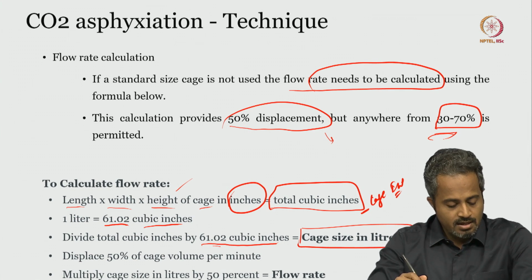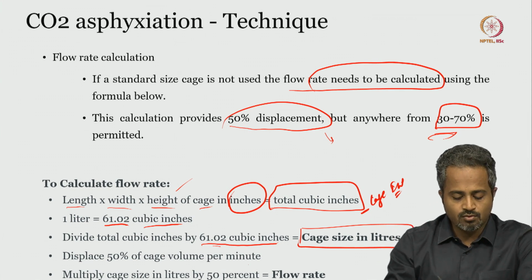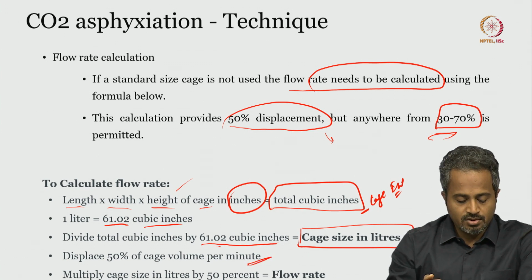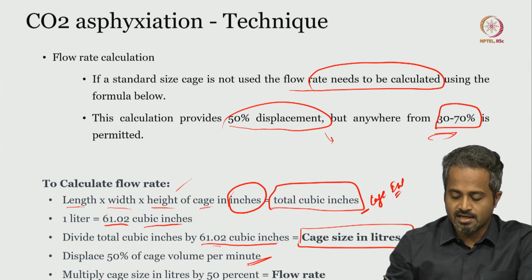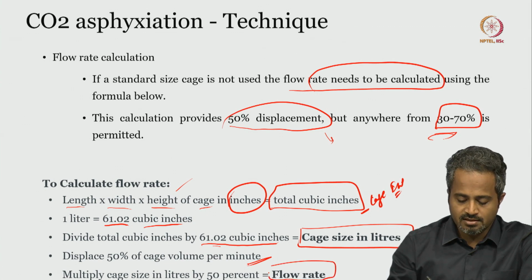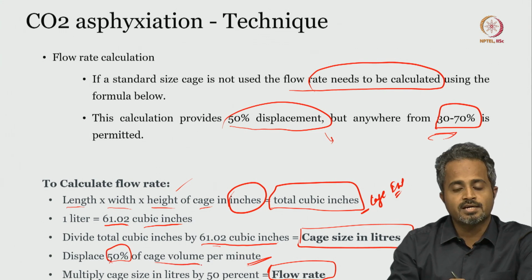So that you will calculate the flow rate. Then you will see the displacement of 50% of cage volume per minute is your target. So, you multiply this cage size, which is in liters, by 50%, that would give you the flow rate. I guess this last line is not really visible on the screen, but this is what it means. You need to get 50% of the cage volume with carbon dioxide.